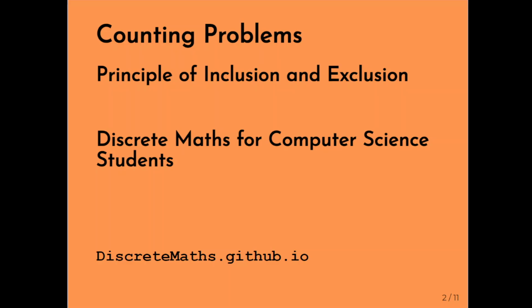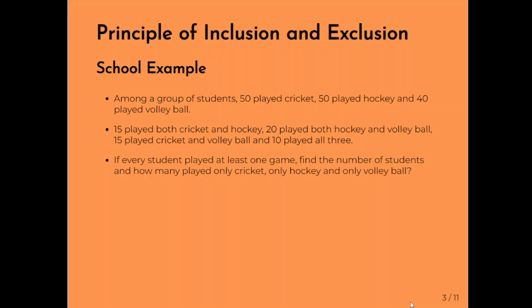In this presentation, we are going to look at the principle of inclusion and exclusion in the context of counting problems. So we're going to use a school example about students who do sports.